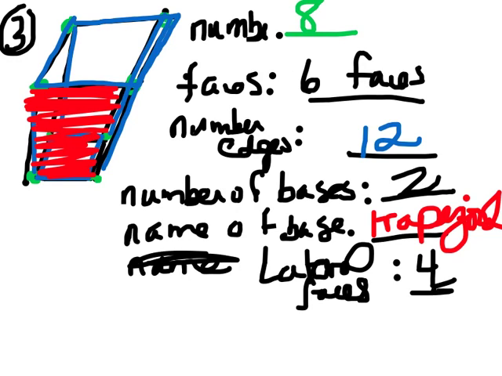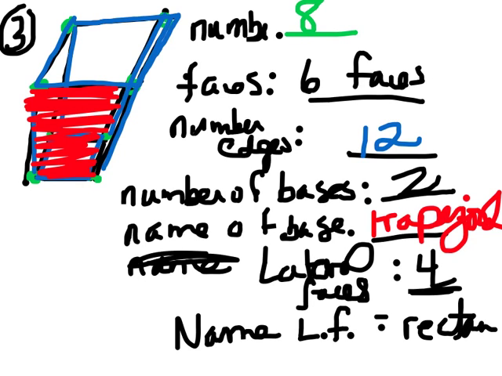Every side of the base has to be connected up. So if you count the sides on the base, that's how many lateral faces your figure is going to have. And then the name of the lateral faces, that's the rectangle part. I'll put LF for lateral face. That's the rectangle part. Okay.